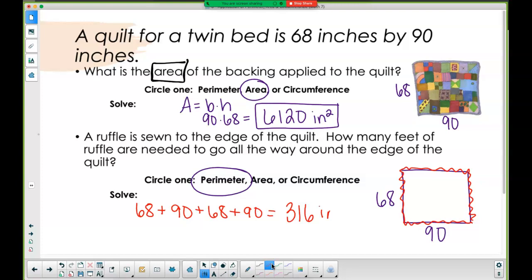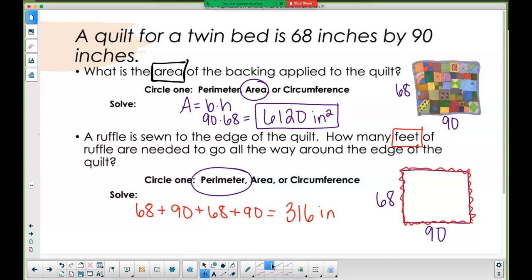Inches, right? Okay, but the question says how many feet? So what do I do with that? I know it's 316 inches that I need. How am I going to figure out how many feet I need? How many inches are in a foot? Come on, guys. Shout it out. 12, right? 12 inches in a foot.